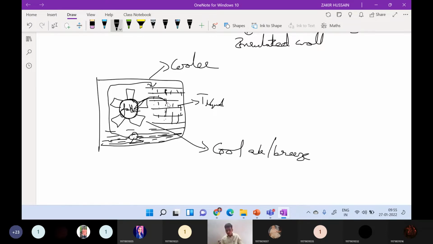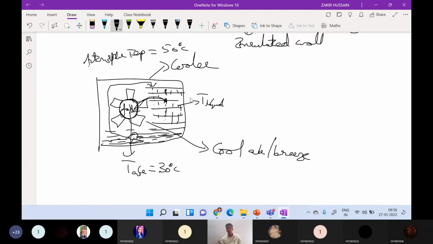If the water temperature is higher, then what happens? We want the air temperature to be 30 degrees centigrade. For example, outside this chamber, the atmospheric temperature is 50 degrees centigrade.